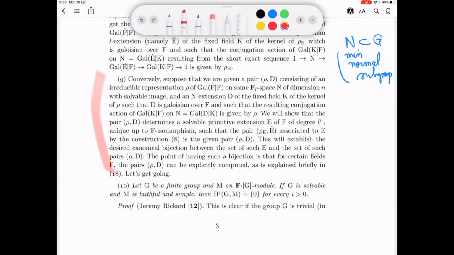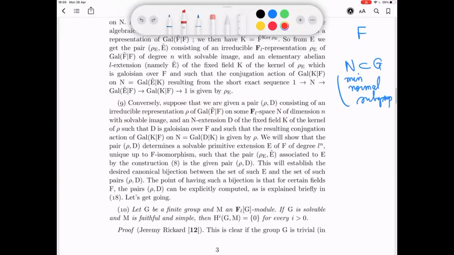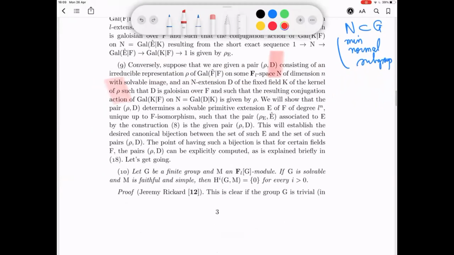So suppose I have a pair consisting of, first of all, an irreducible representation rho of the Galois group of F tilde over F on some F_L space N of dimension little n. That's the first component, rho. And what is the second component, D?